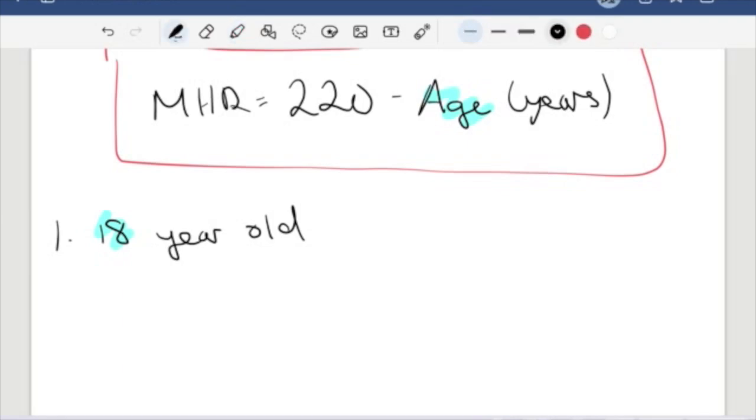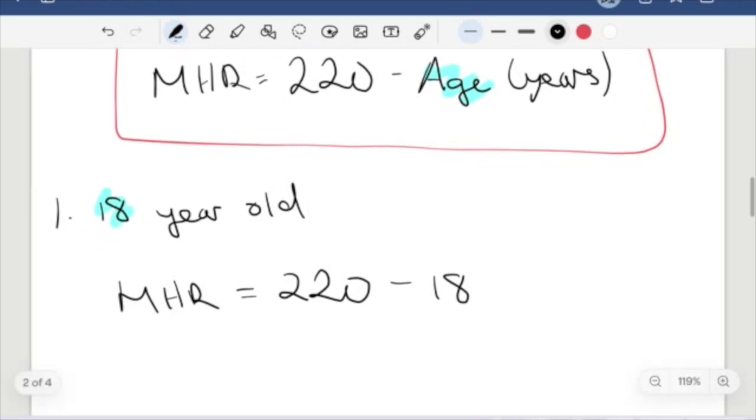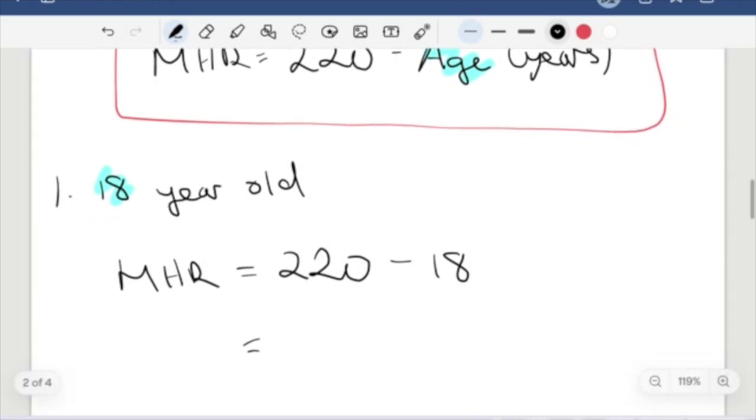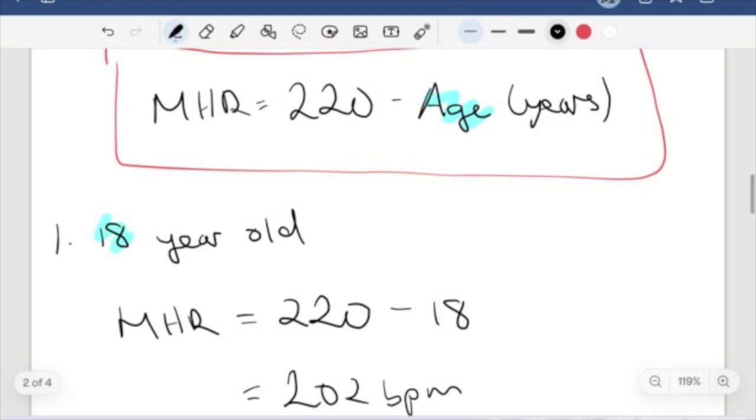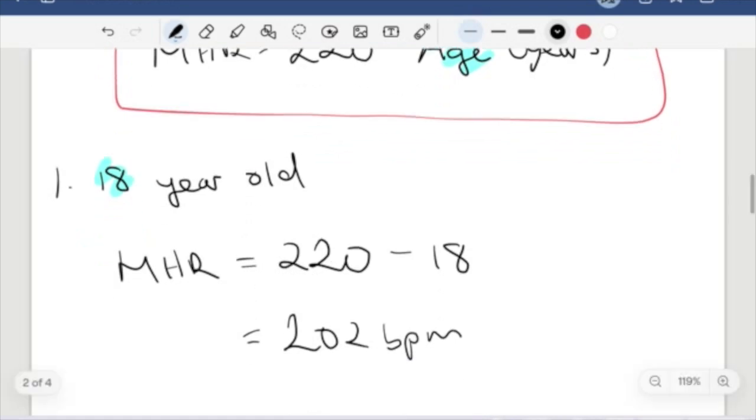So all this is we take our maximum heart rate to be this number 220 minus the age of the person, 18, which gives us 202 beats per minute. So we can just write it as 202 BPM. This is, again, just an estimate, but we can use this formula to calculate the heart rate of a person. Heart rate as well is also relative to someone's age and health.